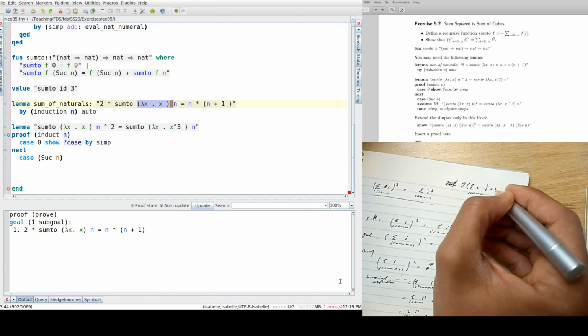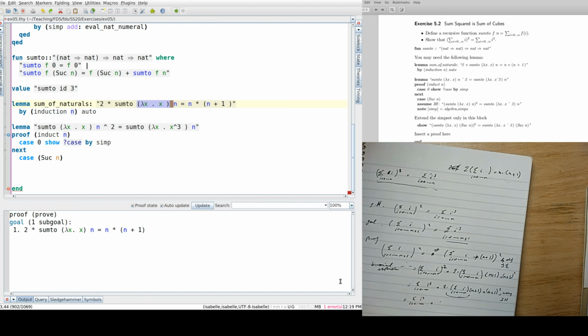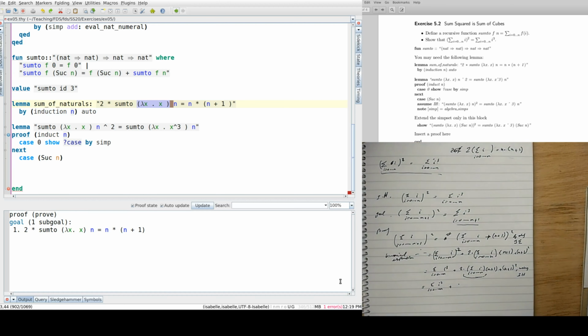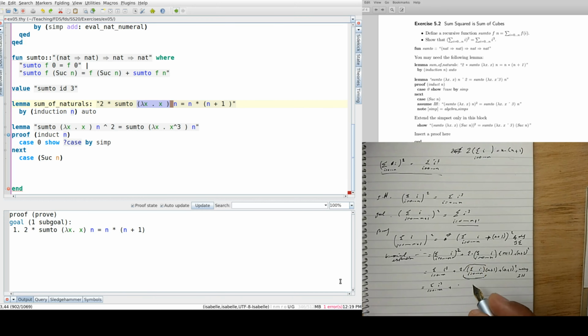Okay, so now we can replace this part of the summation with n times n plus 1.